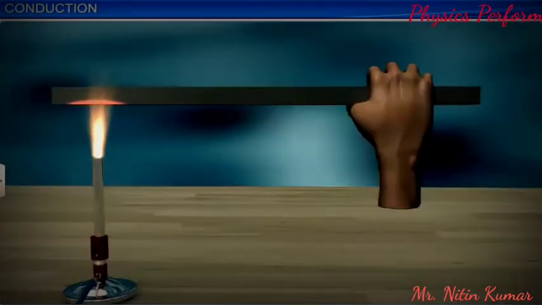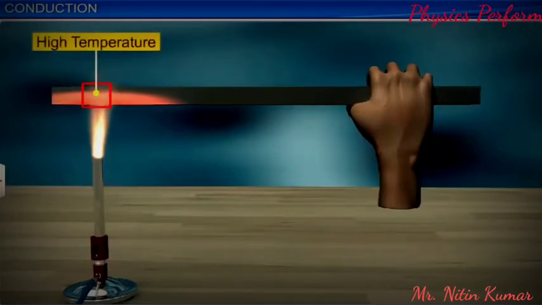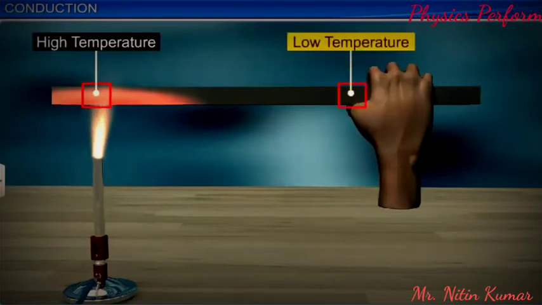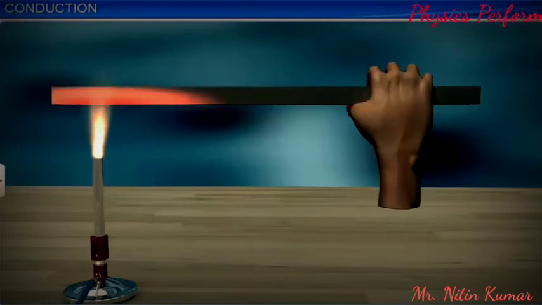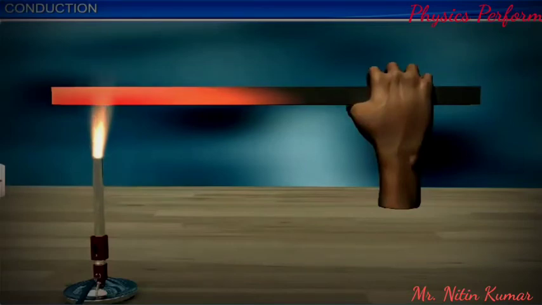One end of the iron rod, which is in the flame, is at a high temperature and the other end at low temperature. Heat flows from the hot end to the cold end by thermal conduction. And as a result, after some time the person drops the rod.